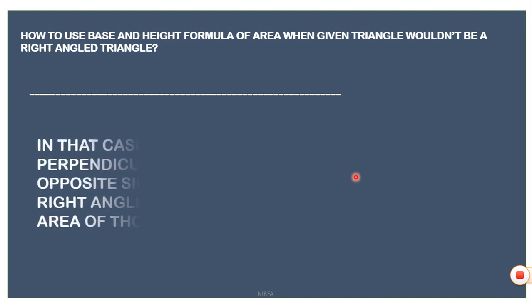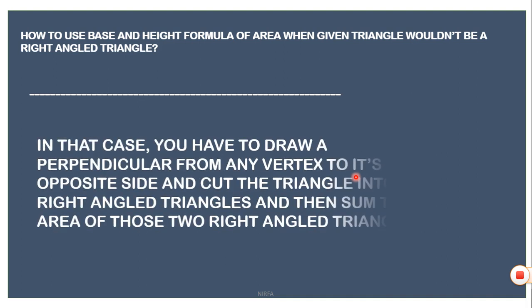After that, according to my opinion, when the right angle triangle is not given, how can we find the area of the triangle? You have to draw a perpendicular from any vertex of the triangle to the side opposite that vertex, and cut the triangle into two right angle triangles.